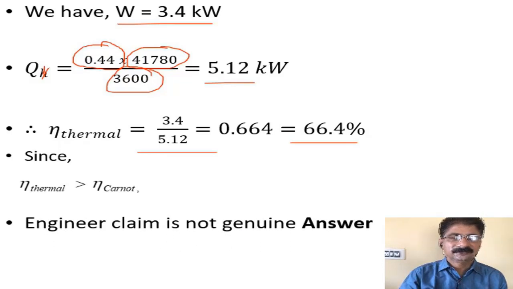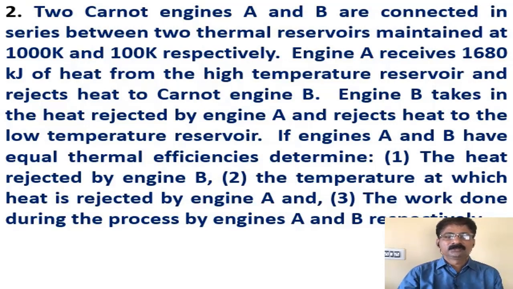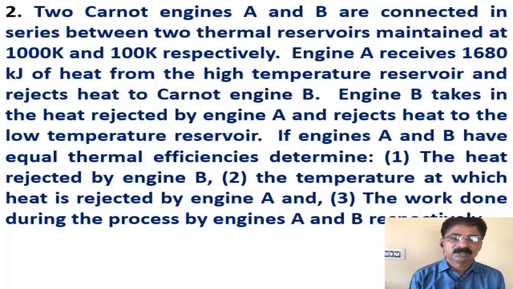Okay. Now let us solve this problem. Two Carnot engines A and B are connected in series between two thermal reservoirs maintained at 1000 Kelvin and 100 Kelvin respectively. Engine A receives 1680 kilojoules of heat from the high temperature reservoir and rejects heat to Carnot engine B. Engine B takes in the heat rejected by engine A and rejects heat to the low temperature reservoir.